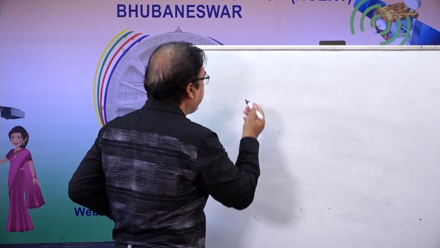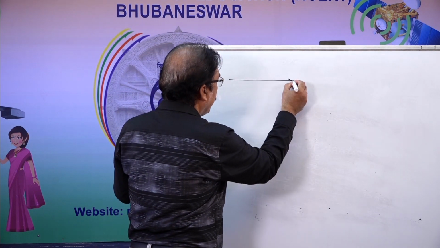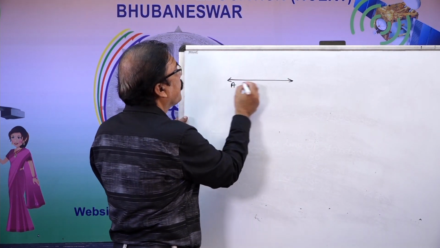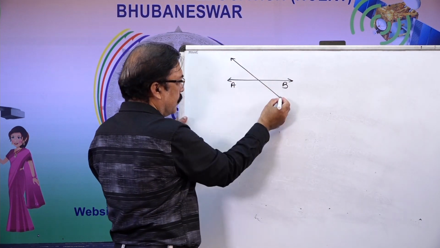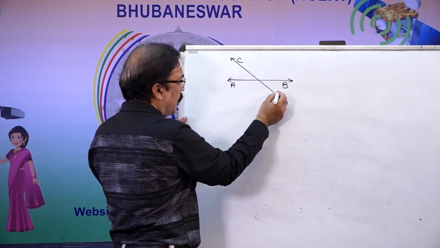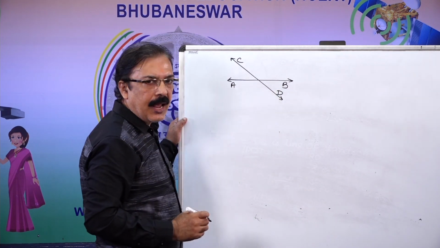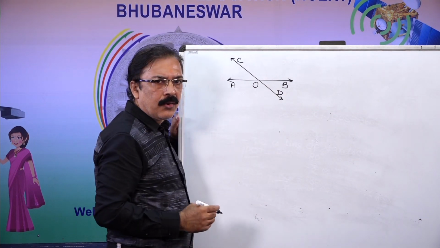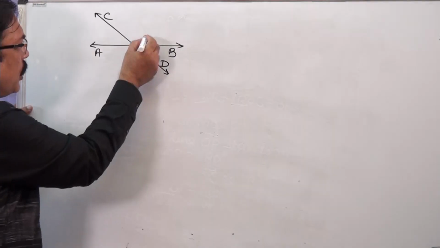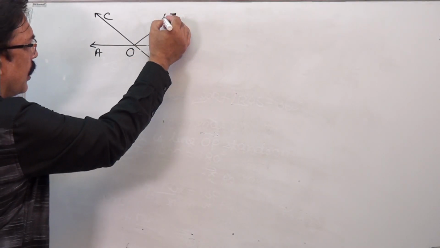Here AB and CD are two straight lines intersecting at O. OE is a ray on it.